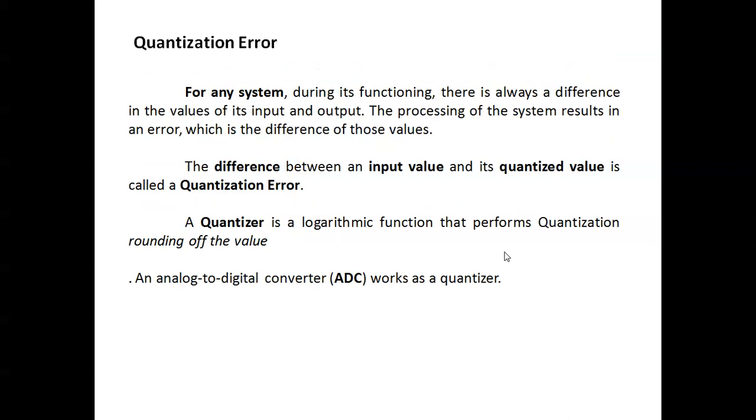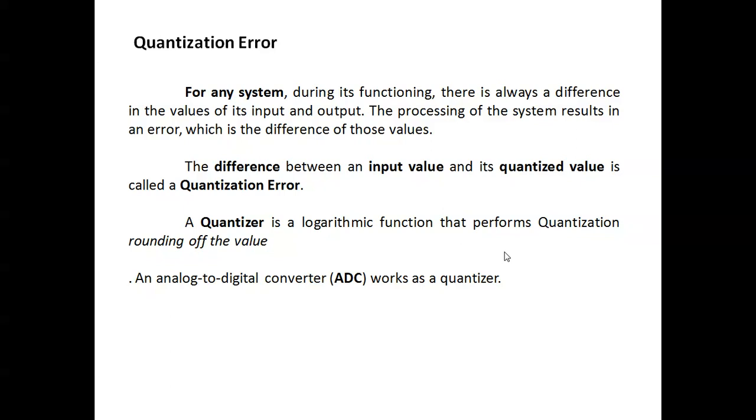Then quantization error. For any system, there is always a difference between its input and output values. What is quantization error? Any practical system has error: there is a difference between input and output. The difference between the input value and its quantized value is called the quantization error.